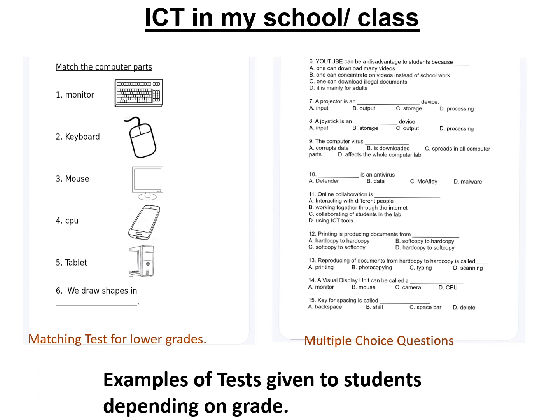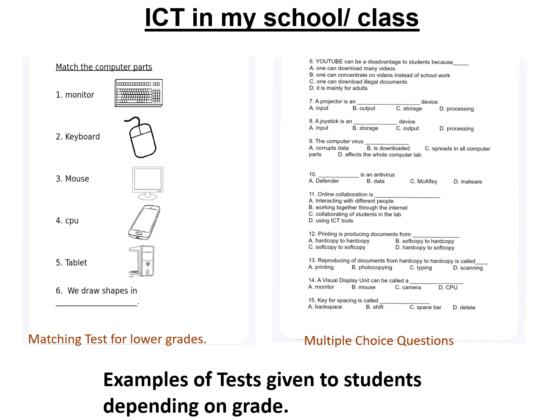These are examples of the tests, and this one is a matching test. That is a matching test for lower grades, maybe from ECD up to grade 2. They have this kind of tests. And then these are multiple choice questions.